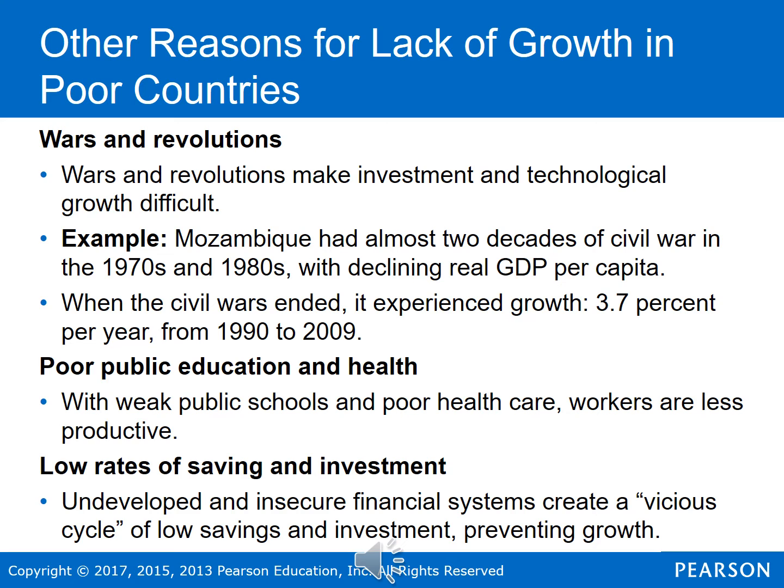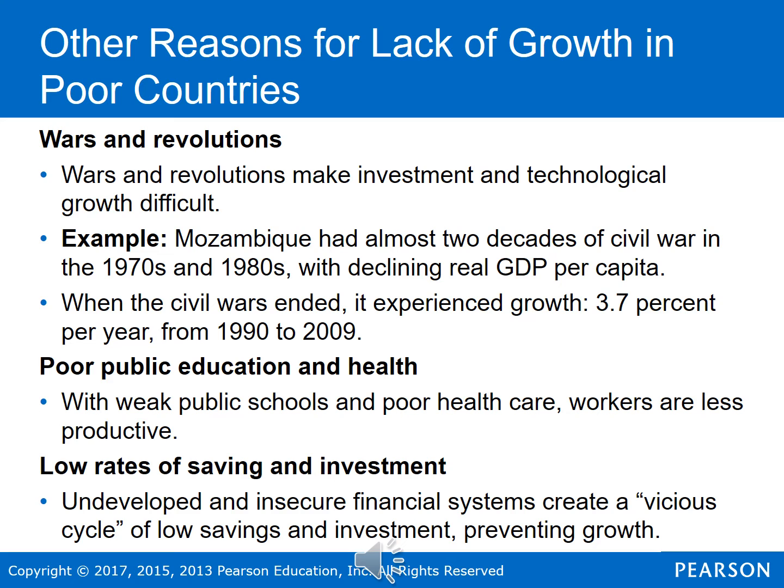And another is poor health care and poor public health, which also makes workers less productive. People who are sick end up working less, and when they do work, they're less productive. And poor nutrition or exposure to certain diseases in childhood can leave people permanently weakened and affect their intelligence as adults. So poor public health has a significant negative effect on the human capital of workers in developing countries.